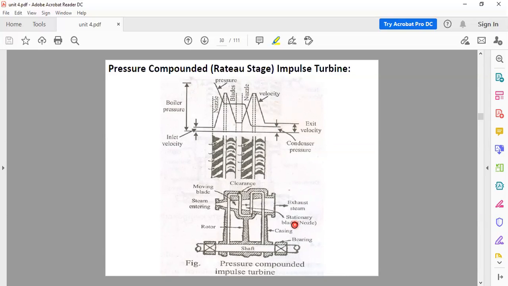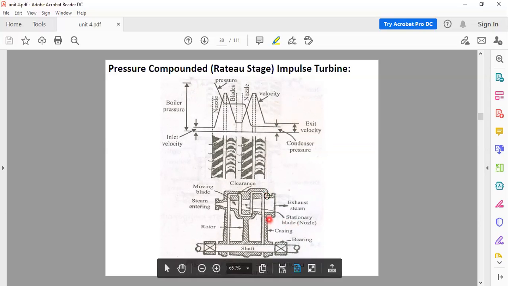This diagram shows pressure compounding for an impulse turbine. The same we saw in the previous diagram.